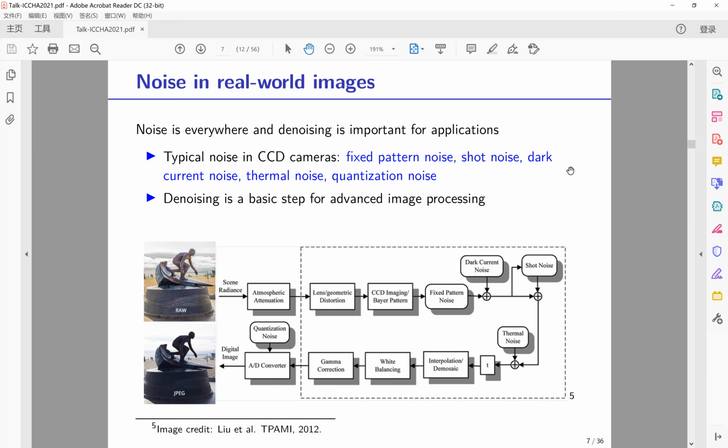And in this part, we can see that there are many different kinds of noise when we get our image, such as fixed pattern noise, shot noise, or dark noise. And we know that this noise cannot be Gaussian. So if we directly apply the Gaussian denoising approach to these problems, it cannot be good. So this is our task.